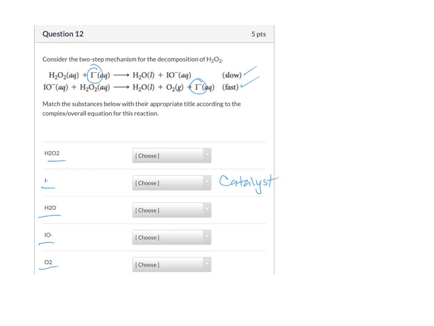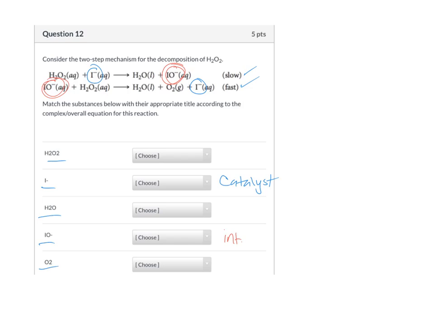And since IO minus is produced and then used up, produced here, used here, that is an intermediate. So those would not show in your overall complex reaction.